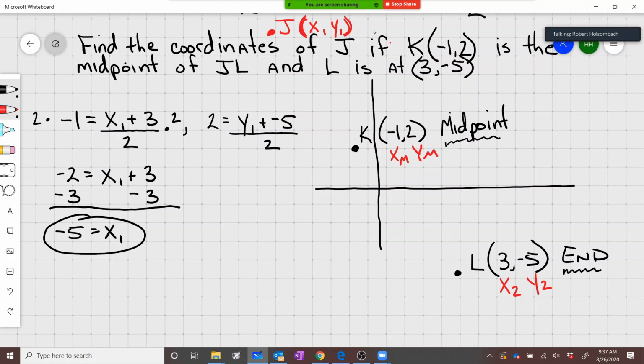We're going to do the same thing for the y value. We're going to multiply both sides by 2. 2 times 2 is 4. And 4 equals your y sub 1 plus negative 5. And we're going to add 5 to each side.